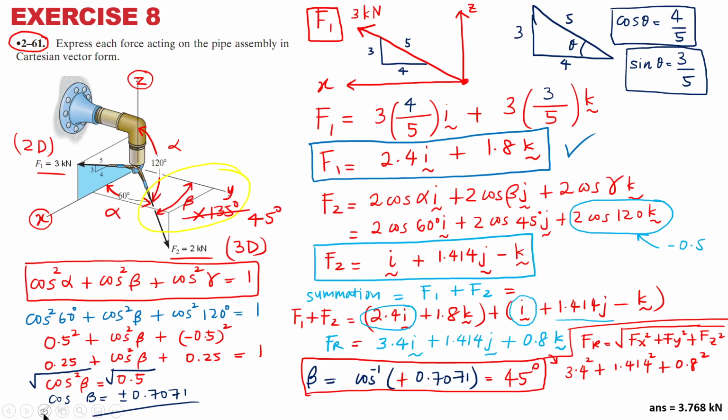Remember, you have to do the whole square root. So what is the value? You're going to get 3.768 kilonewton. So there you go. This is how you do it.